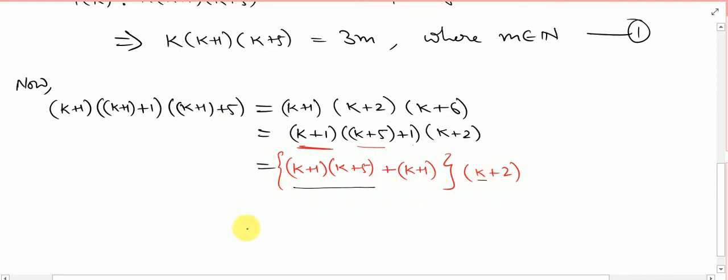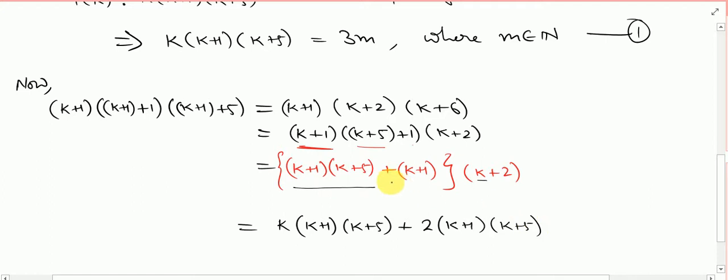We get k times k plus 1, k plus 5, and then plus 2 times k plus 1, k plus 5, and then this k plus 1 will multiply with this one, so plus k plus 1 into k plus 2.